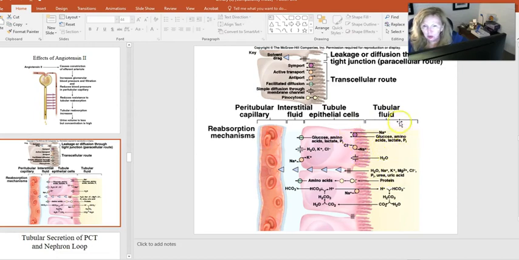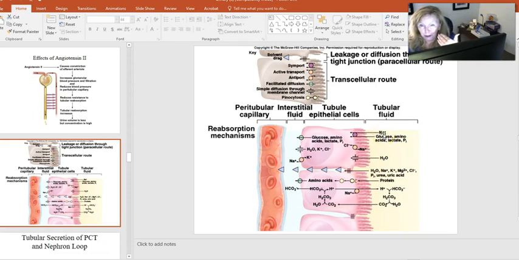I like this visual because it shows you some of the great stuff that's in that first filtrate. This is not urine yet. These are in the tube. So the PCT, the loop of Henle or nephron loop, the distal convoluted tubule. So you think about all the water that's in there that you've got to reclaim, and then all this good stuff. You don't want to reclaim the urea and uric acid, but you want to reclaim glucose.